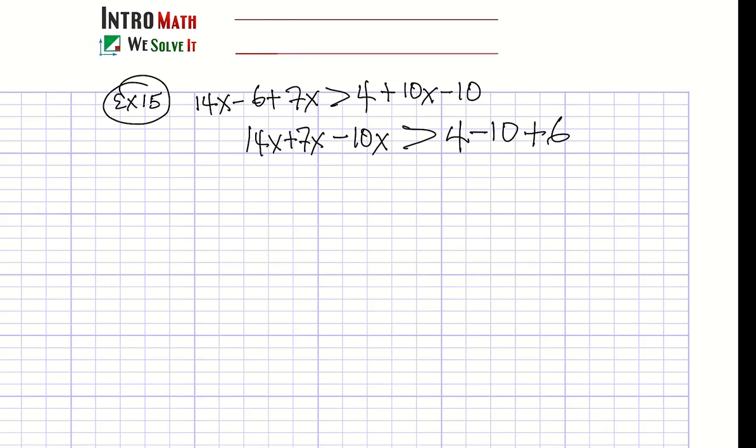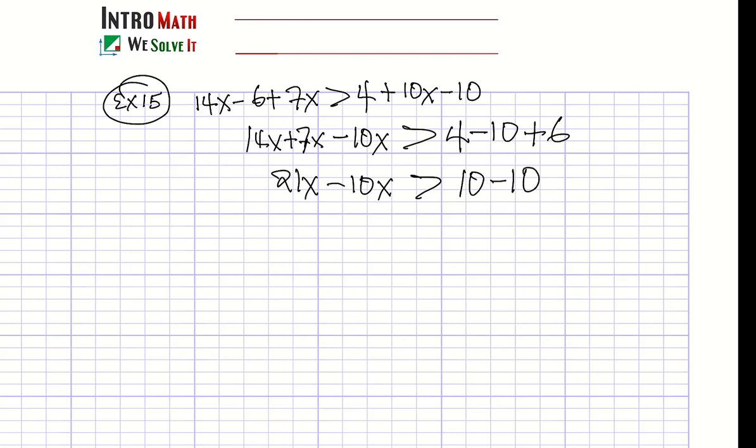All right, so we'll combine stuff on the left side and on the right side. So what is that? You will combine slowly. So 14 plus 7, that's 21x minus 10x greater than, what is this, 10 minus 10, okay?